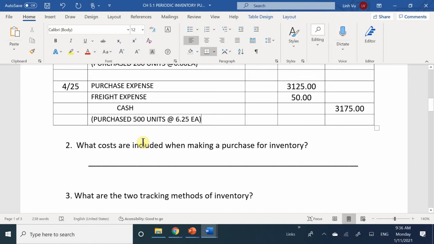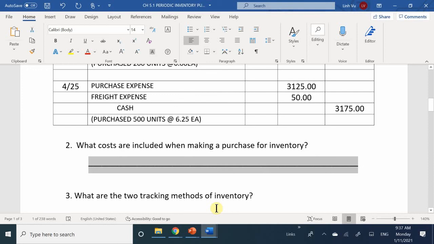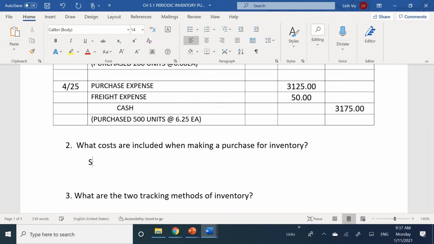Okay. Number 2 says what costs are included when making a purchase for inventory. Sales tax, shipping, good. Sales tax, shipping. Storage fees, yes, good.